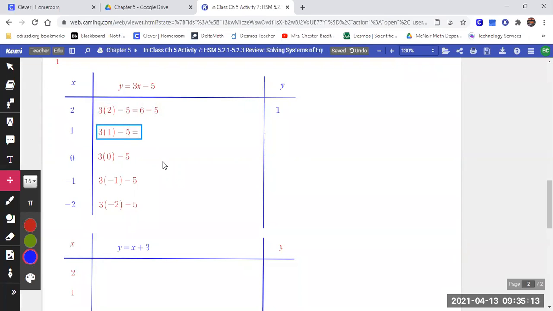Solve the math. 3 times 1. Three, and it says minus 5. So what are we putting over here on the far side? Three, take 5 away.